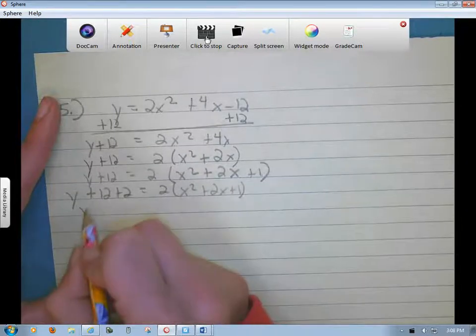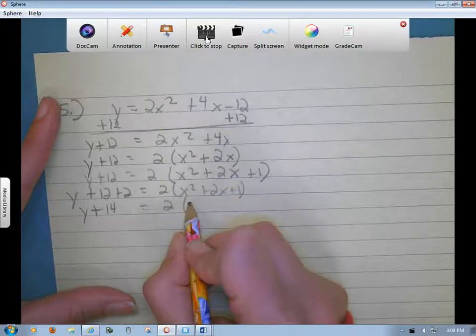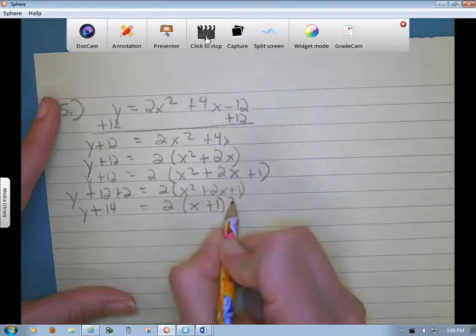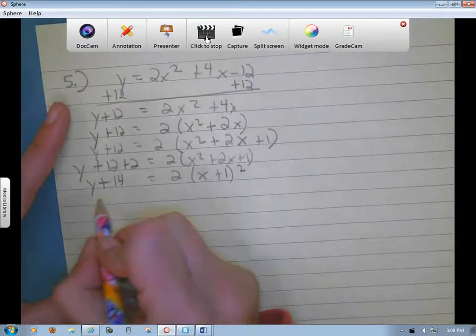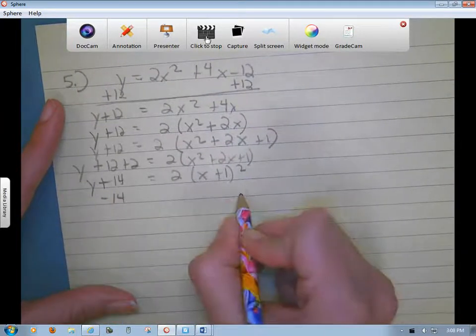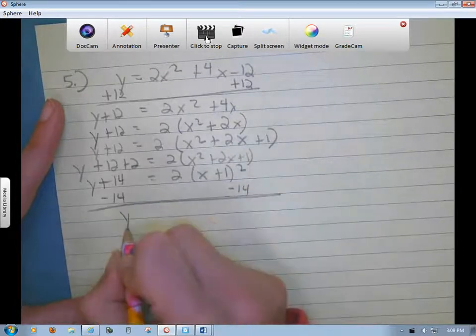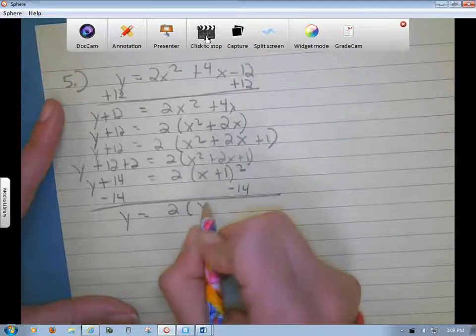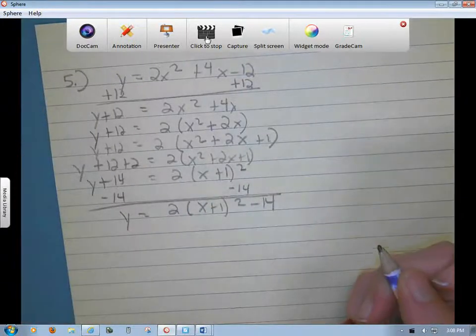Okay, so simplify that. Factor this. Okay. Now to get it back into vertex form, I'm going to subtract 14. So that's vertex form.